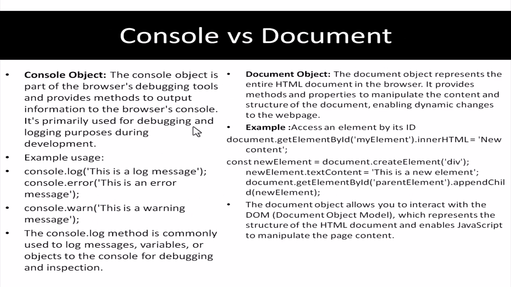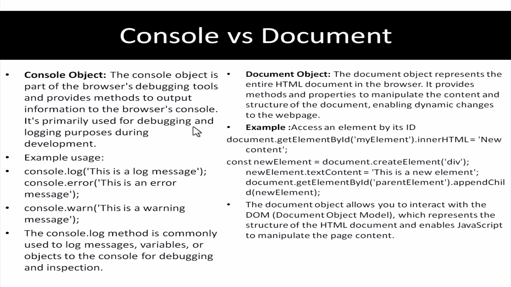finding and modifying the elements of the web page. So here we have a difference between the console and document. Up to the previous class we have used the console. The console object is a part of the browser debugging tools. We pressed Control Shift I and went to the debugging tools, so that we can print console.log, console.error or console.warn, which we cannot see in our browser.